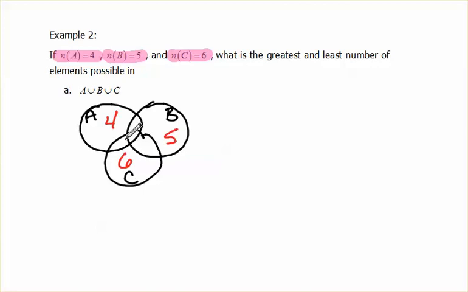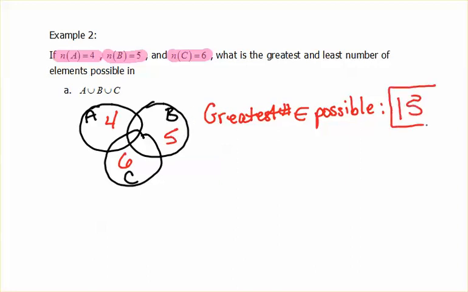In that case, we would actually have the greatest number of elements possible. So in this case, we would just add them all up, and that would give us 15. So the most amount of elements we could possibly have is 15. So I hope that you did some drawing on that and kind of figured that out.